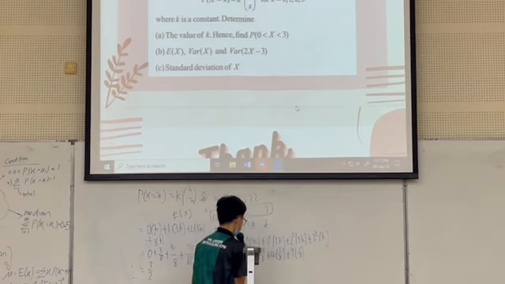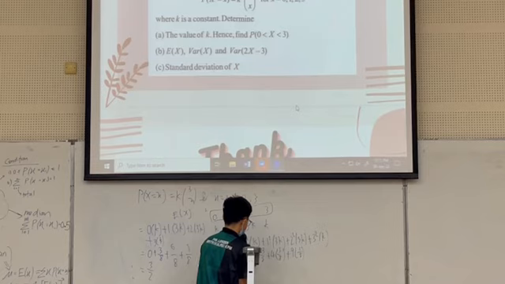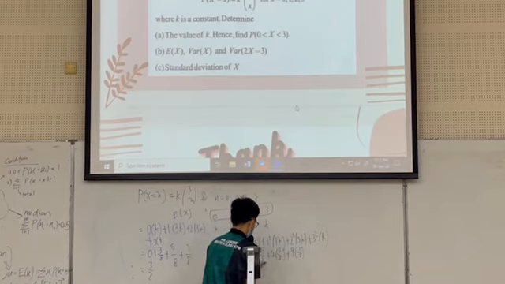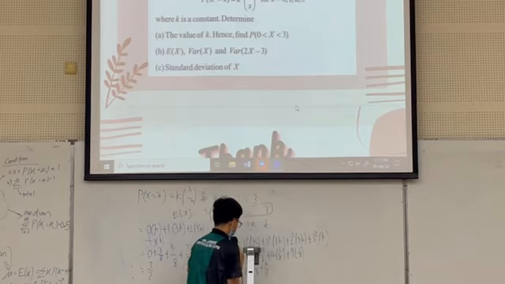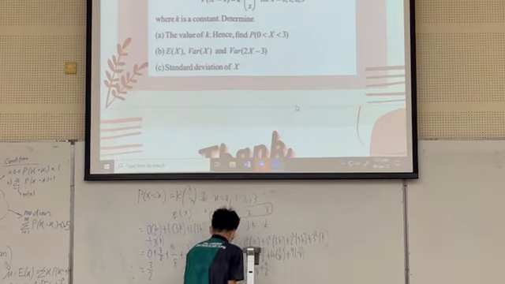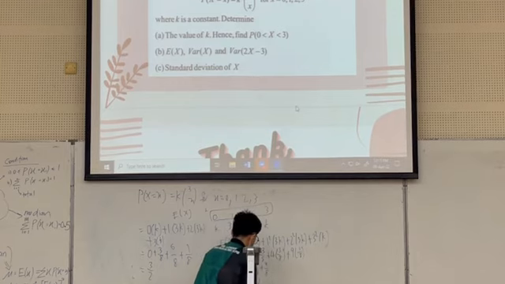So 3 over 8 plus 12 over 8 plus 9 over 8 equals 24 over 8 and equals 3.